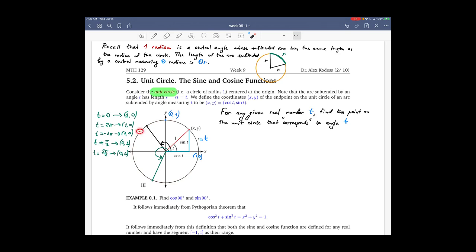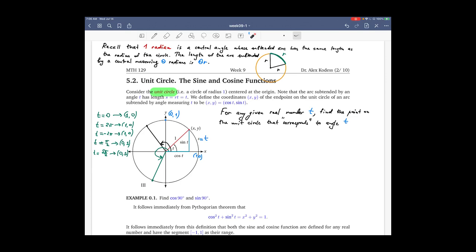Take any point on the unit circle, join it with the center of the circle by a radius, take that radius as the terminal side, take the radius joining the center and the point (1, 0) as the initial side, and that's your angle, t. That correspondence is not injective, but it is surjective. For every point, there is an angle, but different angles may correspond to the same point.